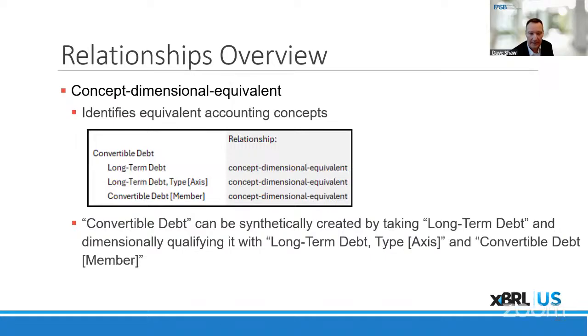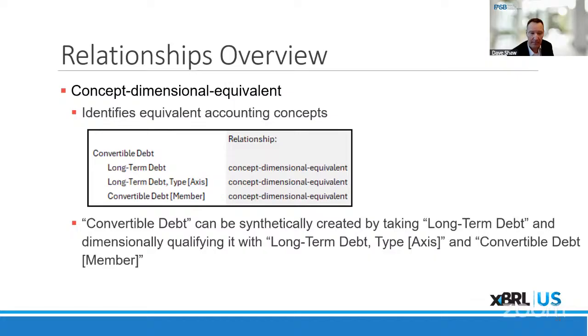So the next relationship included in the meta model is the concept dimensional equivalent relationship. The reason for including this relationship is to identify where we have concepts that can be equivalently conveyed either using a singular primary line item or by using a combination of dimension, member, and higher order element.